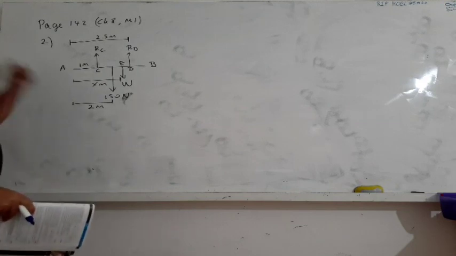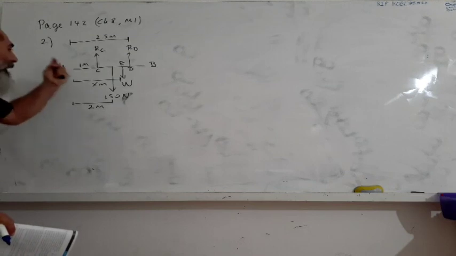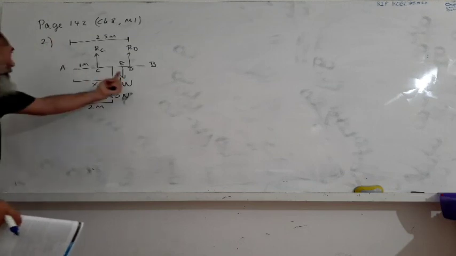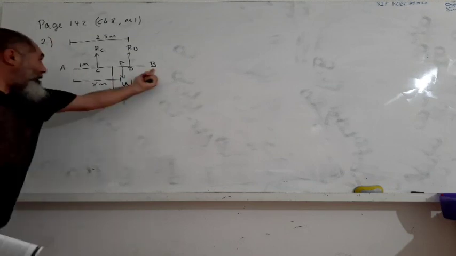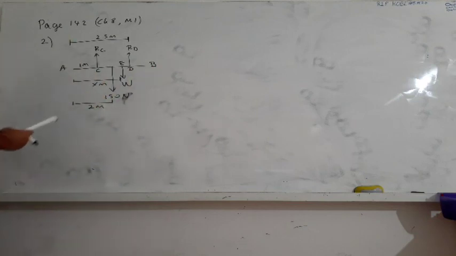If AB is 4 meters, the midpoint is 2 meters from point A. So we know all the distances and we know all the weights.